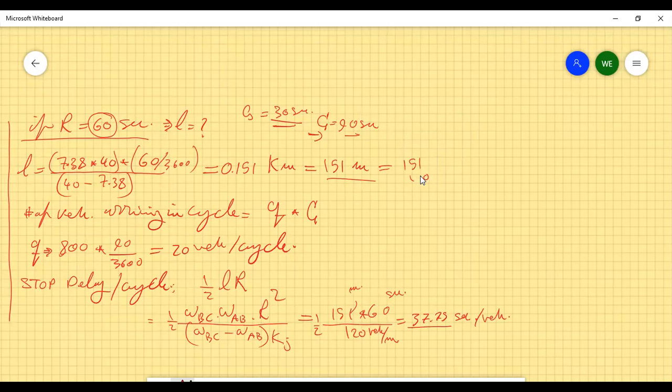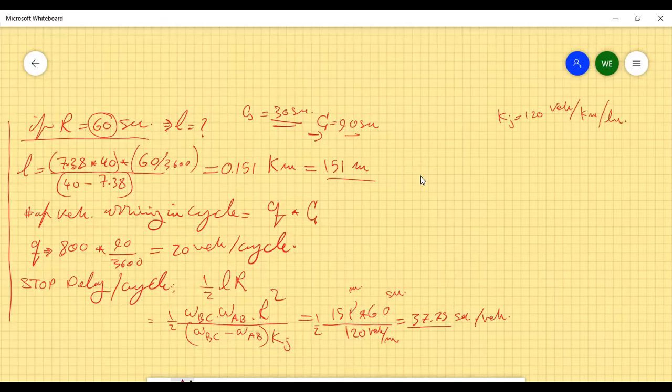We have density equal 120 vehicle per kilometer per lane.